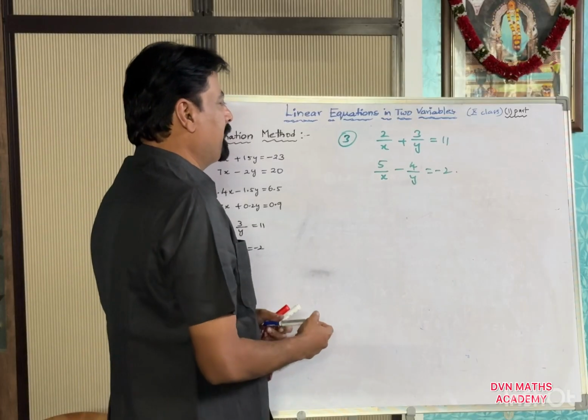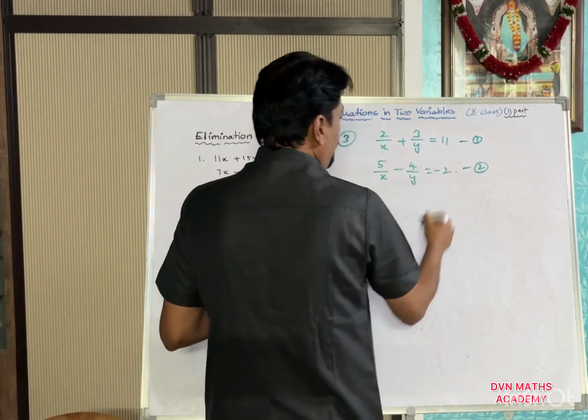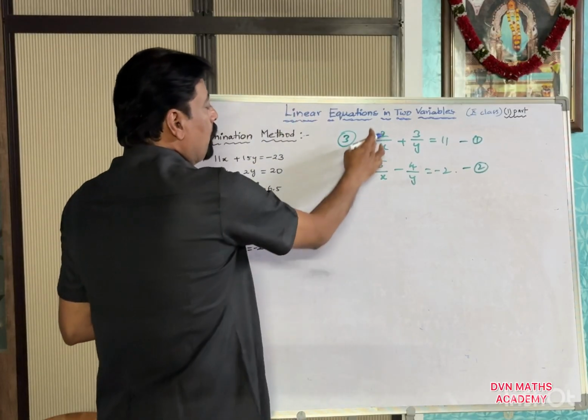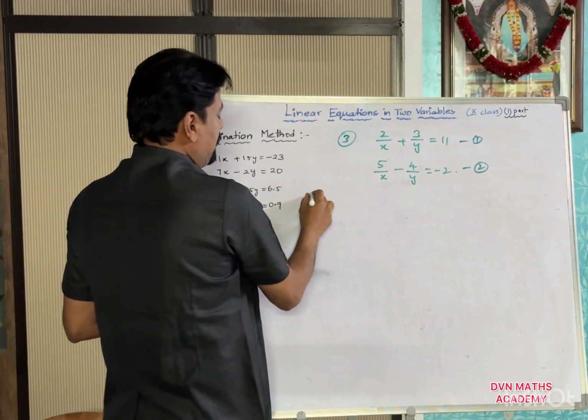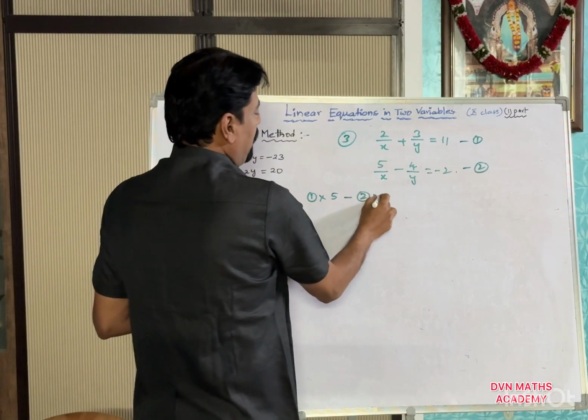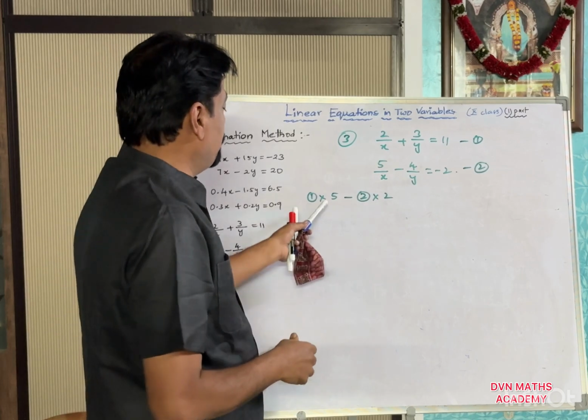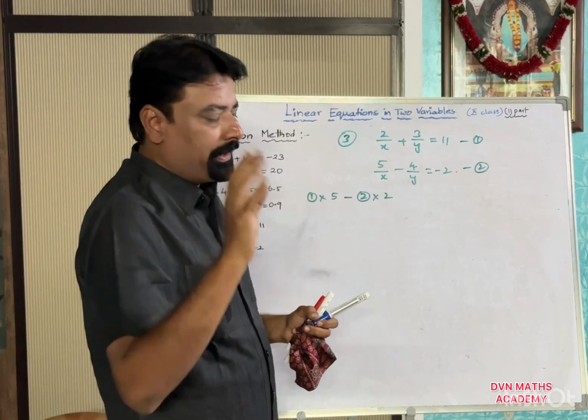So directly you take this as the first equation, and you take this as the second equation. What I am doing here, 2 and 5 is there. The first equation you multiply with 5, and the second equation you multiply with 2. What happened, you see? First equation I am multiplying with 5. I am doing this question without reducing.